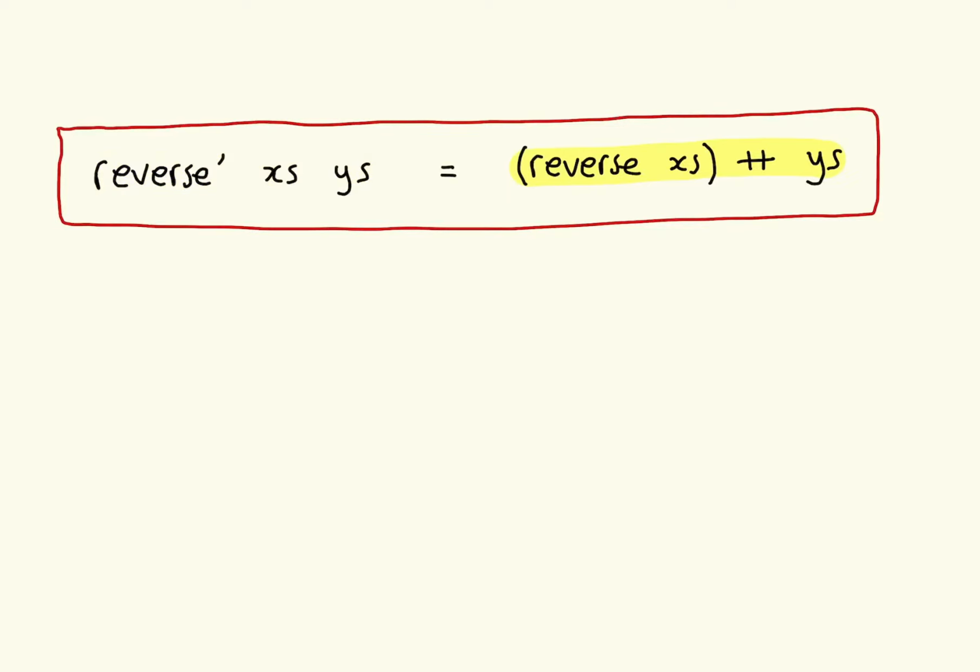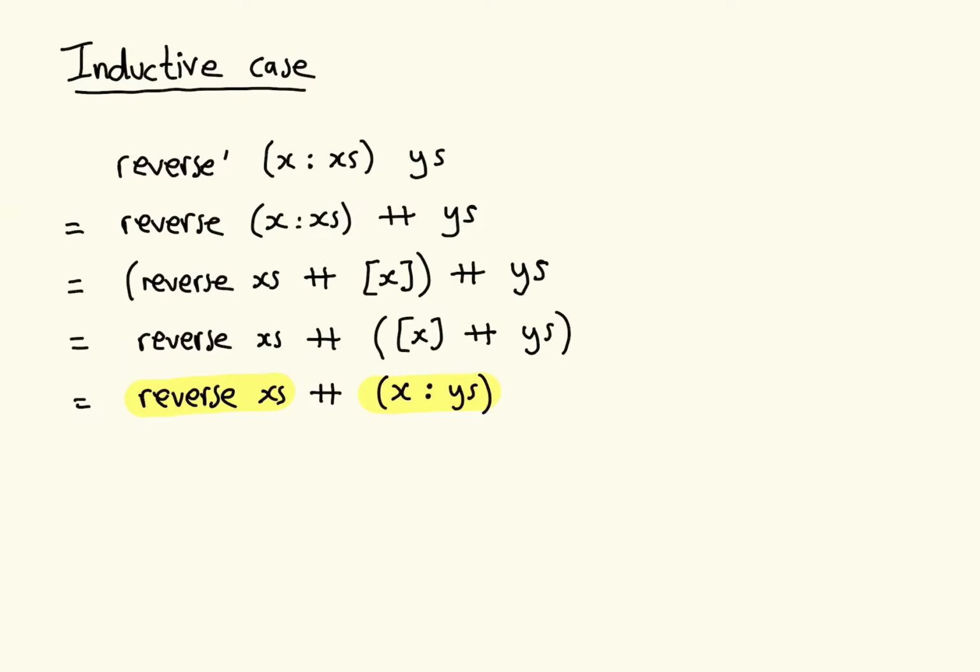By applying induction, I can replace the last line here by reverse prime of x's, and then x colon y's. In the final step here, all I did is apply my induction hypothesis, which allows me to conclude inductively that this is the same as this. And actually, this now completes our calculation.